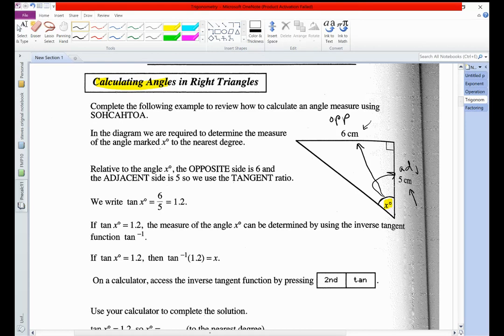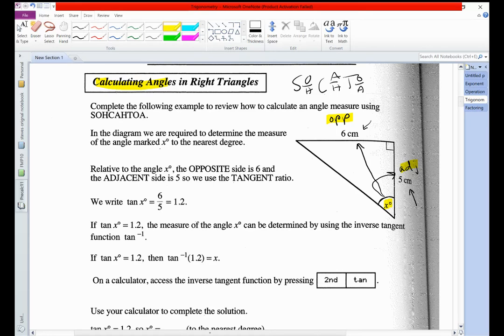So if we wanted to solve for that angle, we have to look at our SOHCAHTOA and figure out which of those ratios has the opposite in it and the adjacent in it, because we don't know the hypotenuse. We could solve for it using Pythag, but there's no point.